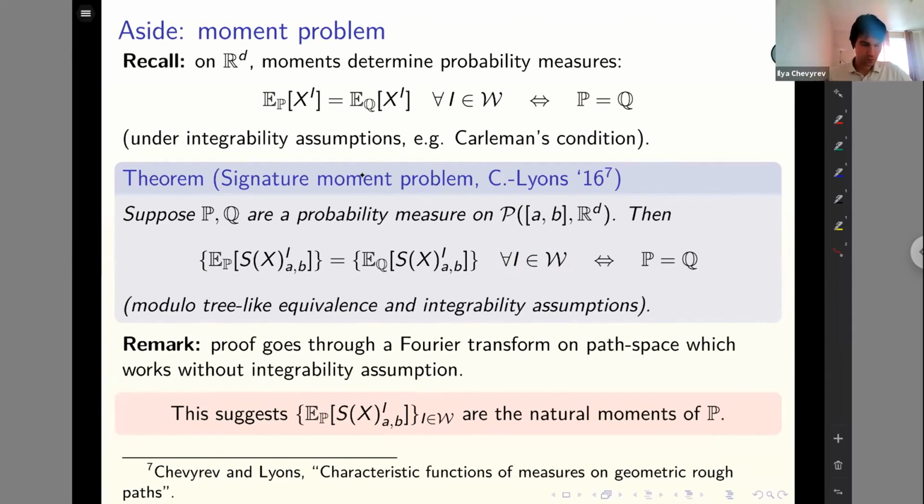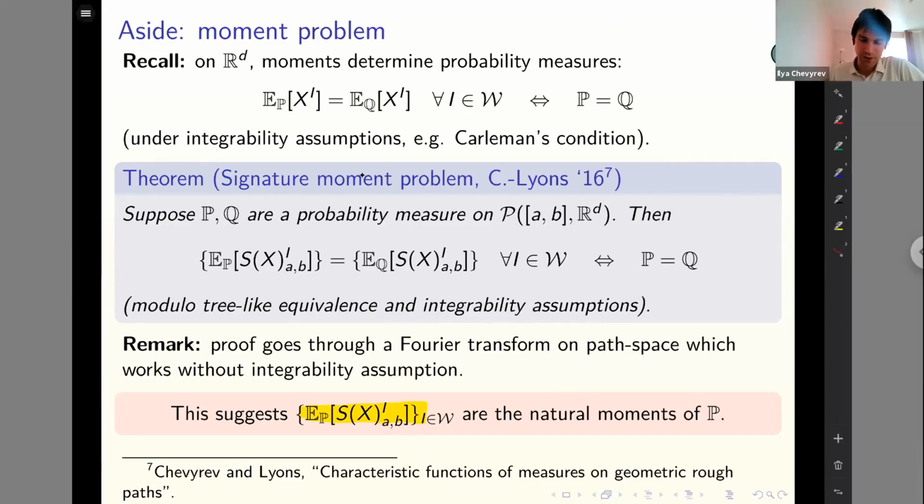So what I want to say by this is that this further gives motivation that the terms of the signature are like polynomials of the path. And this is even in a probabilistic setting. It suggests that these expectations of the signature are the natural analog of moments of probability.